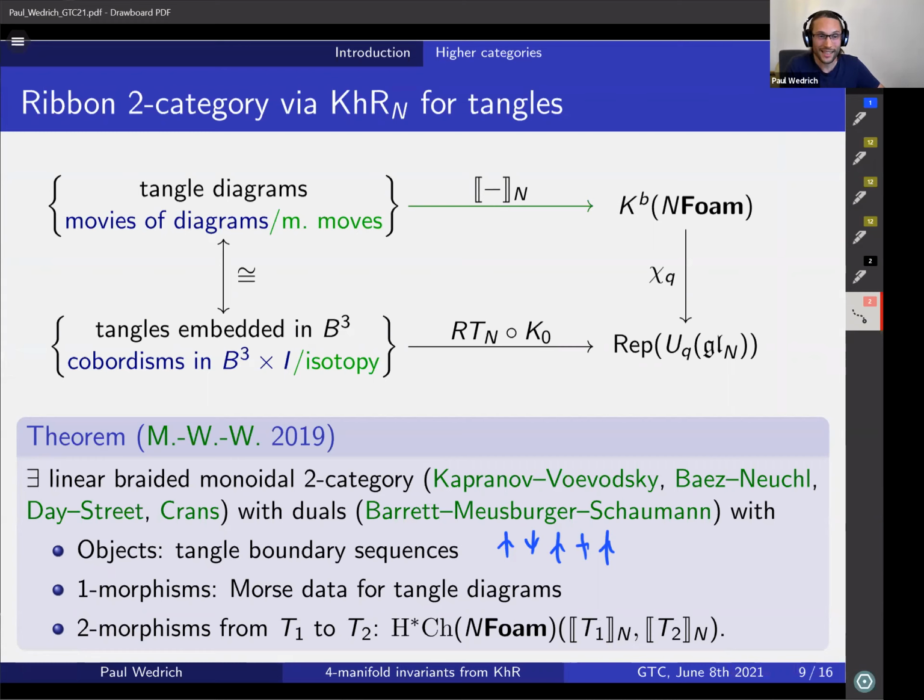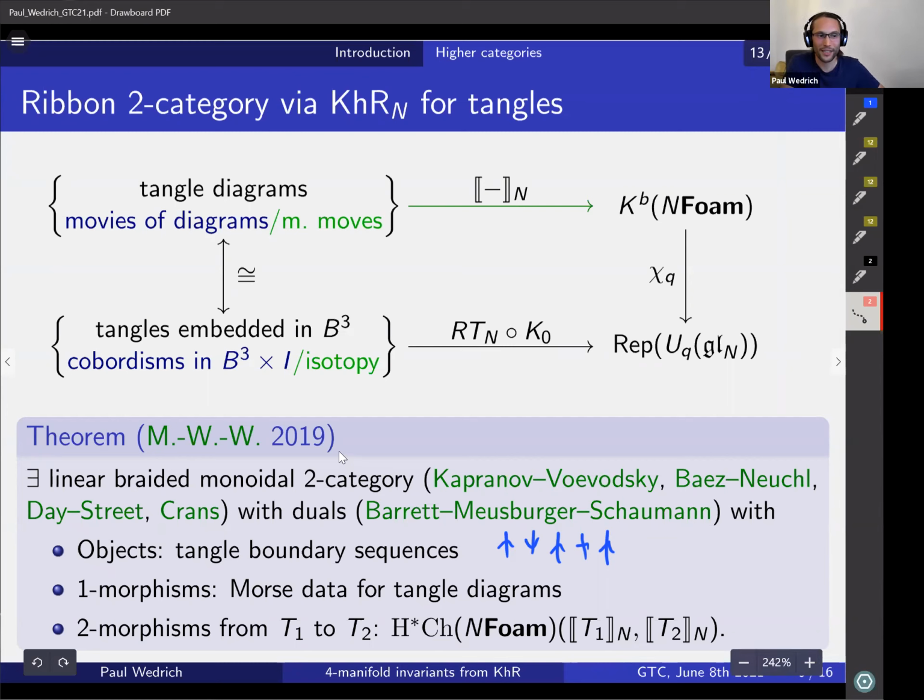So in some sense, if you believe that tangle boundary sequences, tangles, and tangle cobordisms form a braided monoidal 2-category, somehow the paradigmatic braided monoidal 2-category, then this is a linearization at the top level. So you replace the 2-morphism level by the value of the Khovanov-Rozansky thing on this.